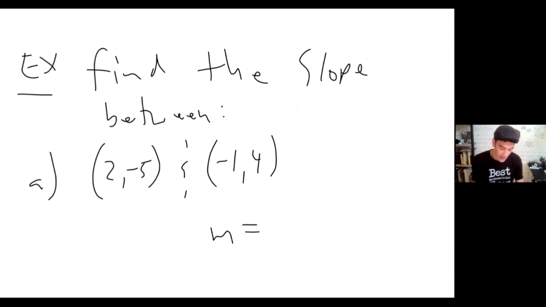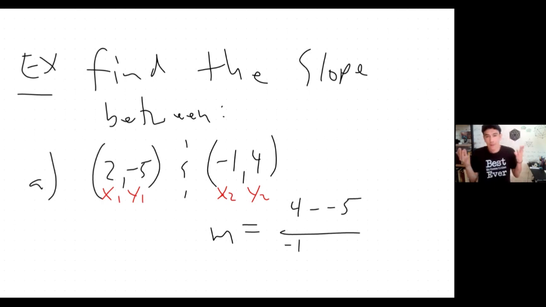You could call this x1, y1, x2, y2. That's an option. Because once it's labeled, then you can just plug in the numbers where they belong. So it would be y2 minus y1 over x2 minus x1. Type that into your Casio calculator. That would be like 9 over -3, which just equals -3 for your slope. That's example A. Let's do a couple more, then we'll do something else.